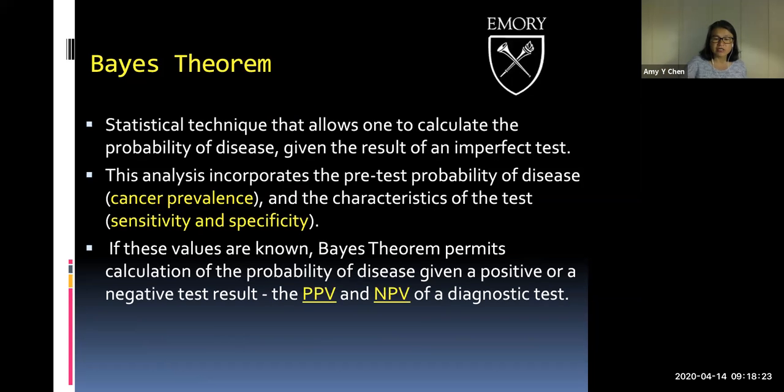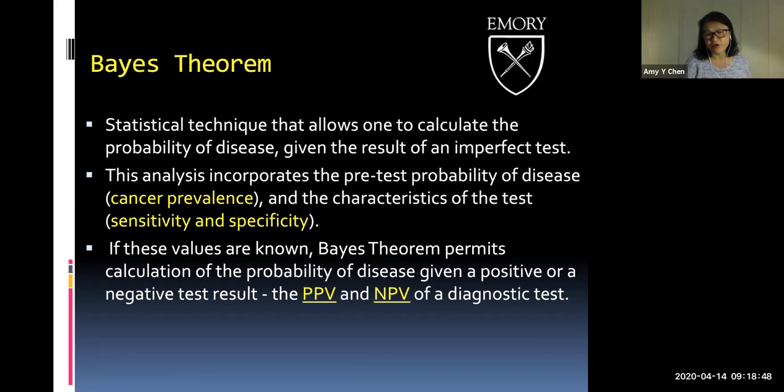So it's important to understand also the other part, not only sensitivity, specificity, positive predictive value, and negative predictive value. It's also important to understand what Bayes' theorem is. And it is a statistical technique that allows us to calculate the probability of disease given the result of an imperfect test. We're never going to have a perfect test, and that's just something that we need to acknowledge and accept.